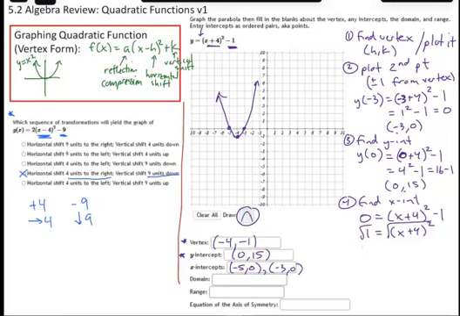When you extract the root, you have to take into consideration both the positive and negative root. Subtract 4 from both sides, and that gives you x is negative 4 plus 1, which is negative 3, negative 4 minus 1, which is negative 5. So those would be your two answers. Okay, but if you can use the graph, that'll save you a little bit of time.